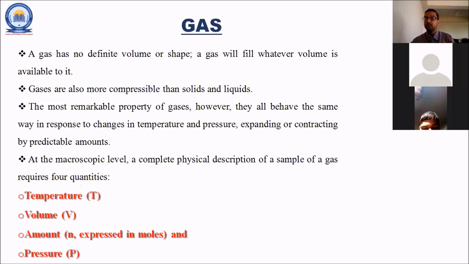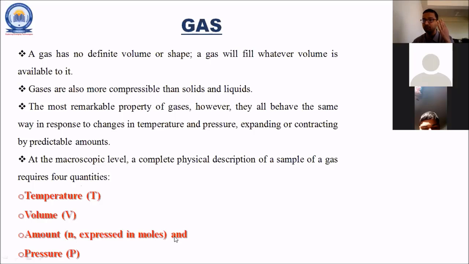The four quantities which are used for the physical description of the sample of the gas include the first one, that is temperature, which is denoted by capital T. Next is the volume, which is represented by capital V. Third one, that is the amount of the gas, which is denoted as small n, and it is generally expressed in the moles of the gas.